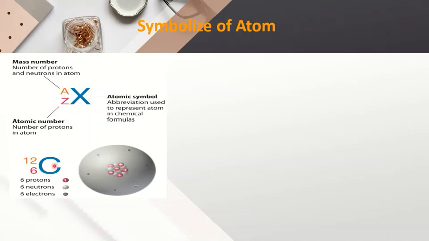For example, this is carbon, whose atomic number is 6 and mass number is 12. So it can be written like this way: 6 and 12, 6 is its subscript and 12 its superscript, and the symbol of carbon is C.